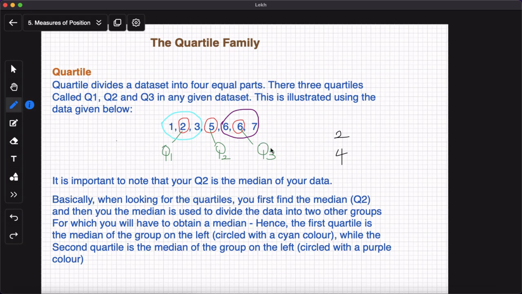Having known that, we can look at your Q1 as the median of the part you're seeing in cyan, and the part in purple, you can take your Q3 to be the median of that part. So Q1 is the median of one part, and Q3 is the median of the other part. That happens when your median has divided the data set into 2.